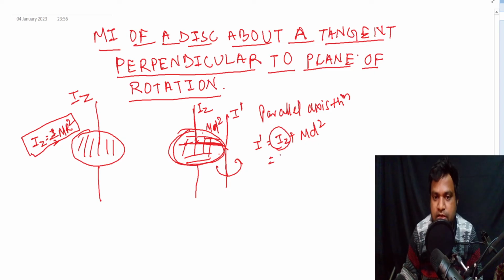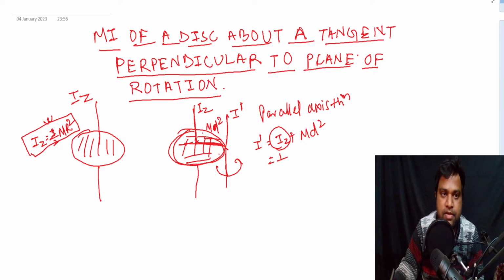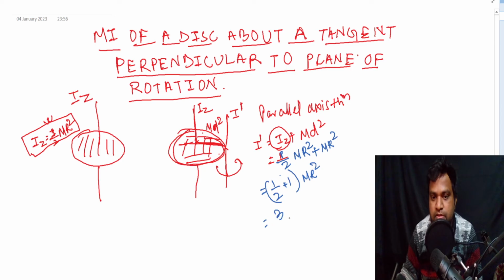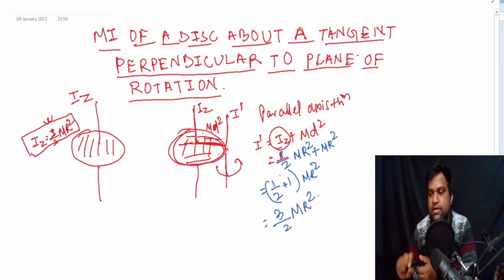So Iz is already known to us, half mr square, and md square is also mr square. So you can write half mr square common. So you can say half plus 1 mr square common. So it's 3 by 2 mr square. So this is the rotation.